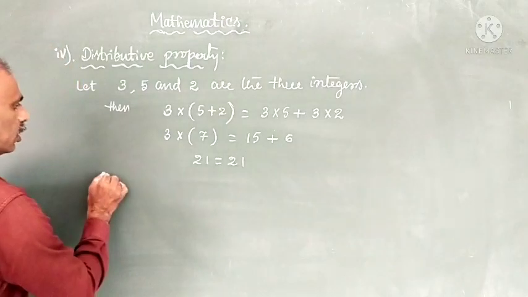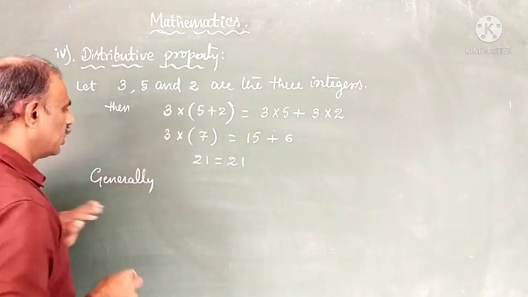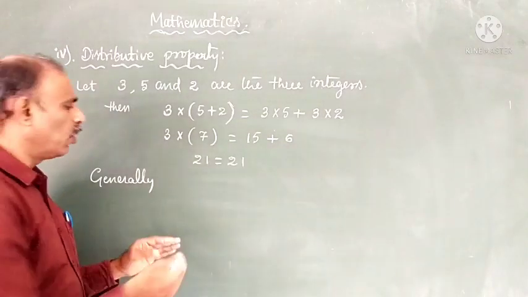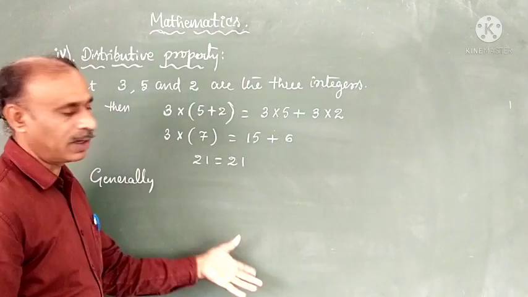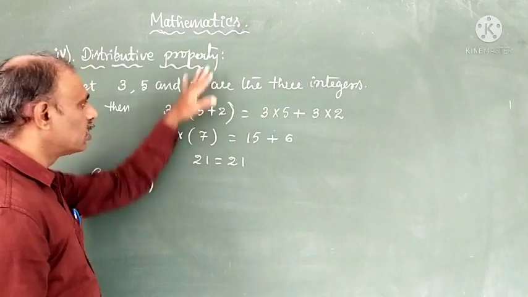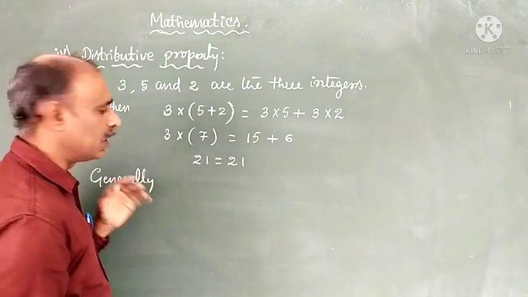Right. So generally, no particular numbers we are going to take here. In terms of A, B, C we are going to write. This much if you keep it in your mind, any examples you can verify, you can compare. So it is easy.